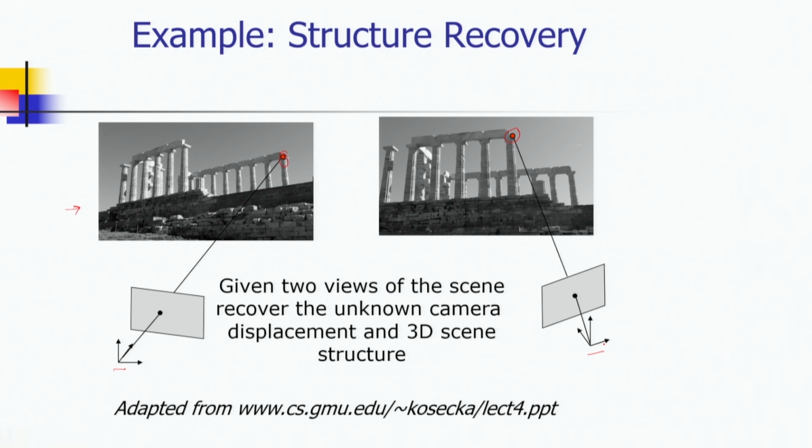So the problem would be stated this way: given two views of the scene, recover the unknown camera displacement and 3D scene structure.